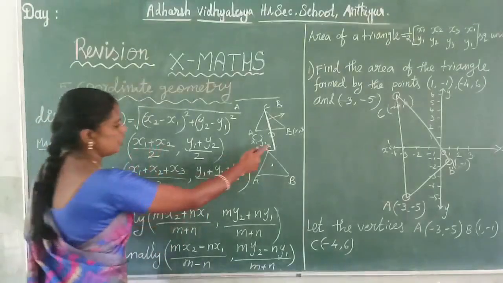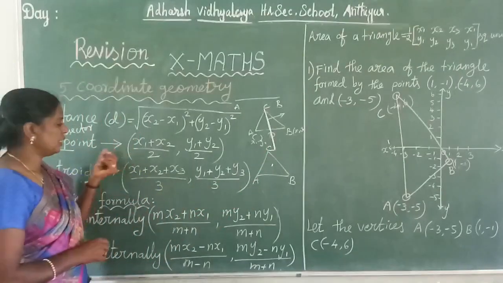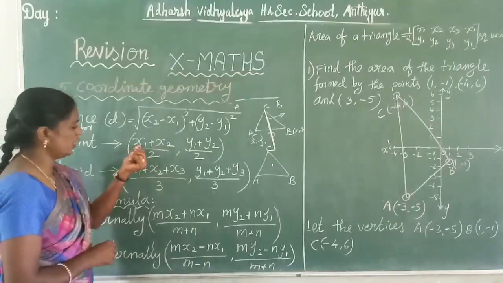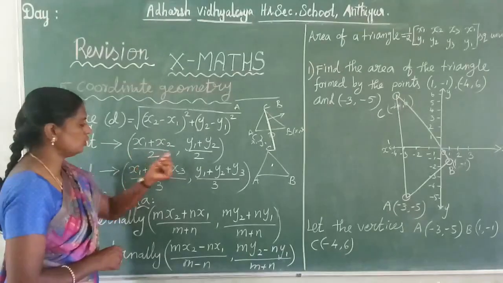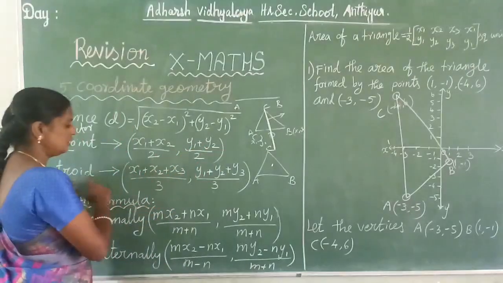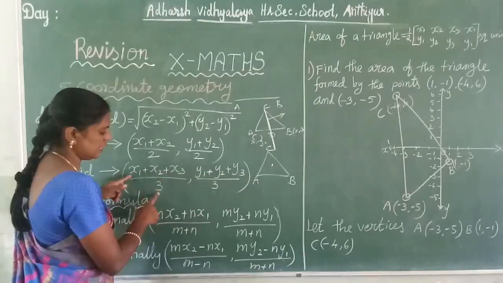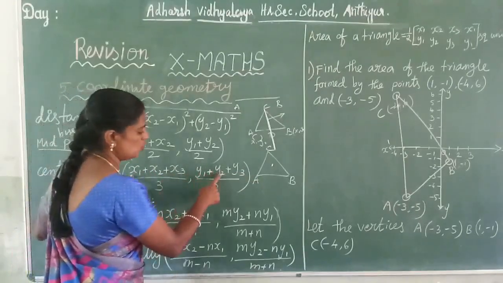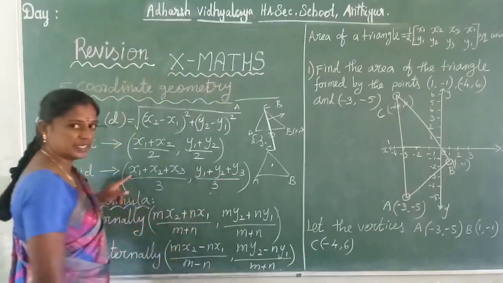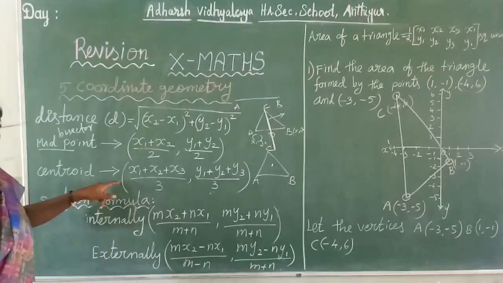Centroid means 3 points divided by 3. Don't confuse, write properly. Midpoint means 2 points, so x1 plus x2 by 2 comma y1 plus y2 by 2. Centroid 3 points, so x1 plus x2 plus x3 by 3 comma y1 plus y2 plus y3 by 3. Is it clear? So these 3 are 2 mark questions.